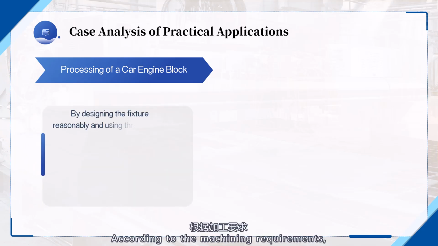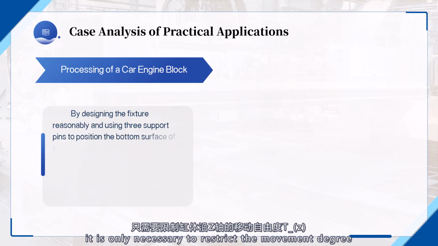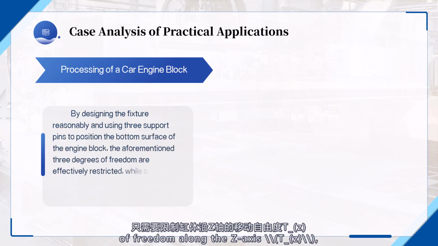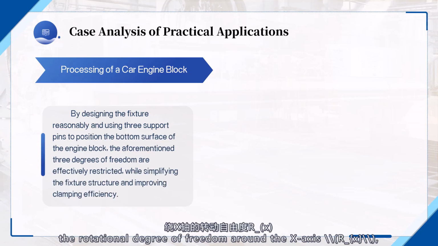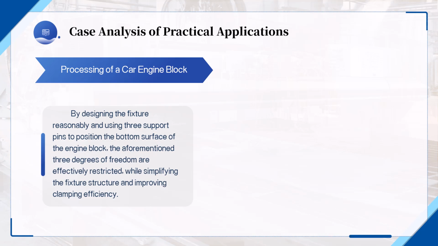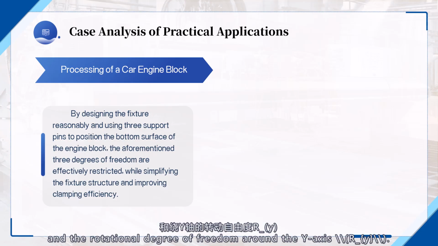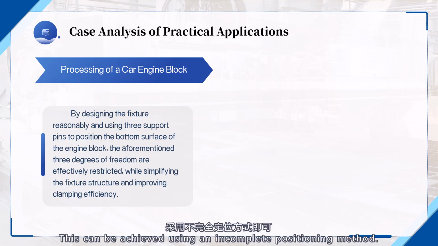According to the machining requirements, it is only necessary to restrict the movement degree of freedom along the z-axis, Tz, the rotational degree of freedom around the x-axis, Rx, and the rotational degree of freedom around the y-axis, Ry. This can be achieved using an incomplete positioning method.